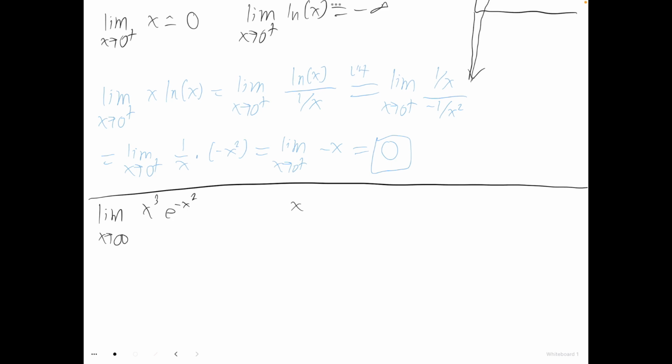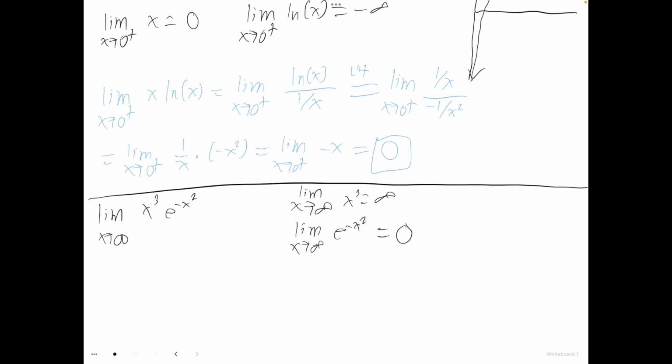Well, as x goes to infinity, x cubed is clearly going to go to infinity, and as x goes to infinity, e to the negative x squared, well, the exponent's going to get really, really small. So this is going to become essentially e to the negative infinity, which is essentially going to 0. So this is going to be a 0 times infinity form.